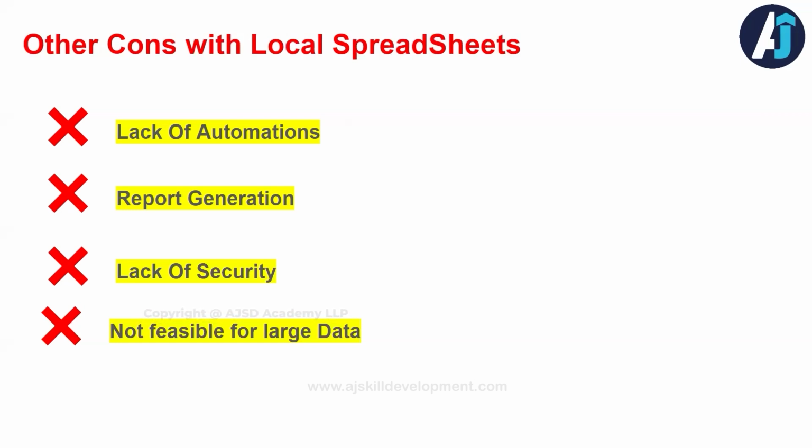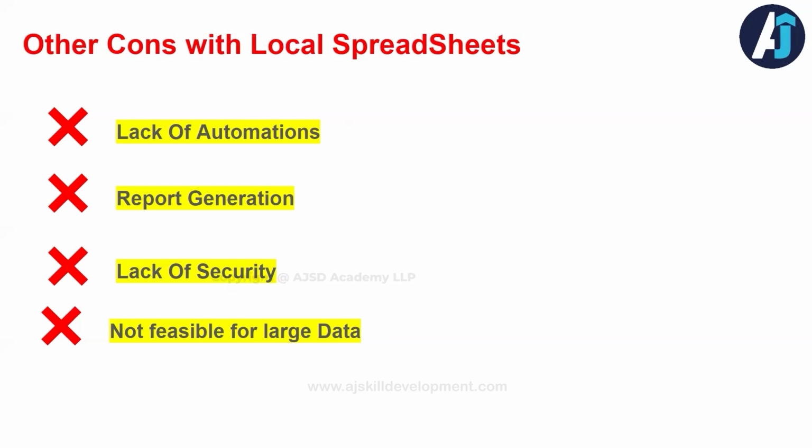Okay, I hope it is clear, right? So business started to transform to the digital era with the help of spreadsheets. Yes, they enjoyed some advantages of using spreadsheets over paper records, but there are other cons which we have to overcome now.